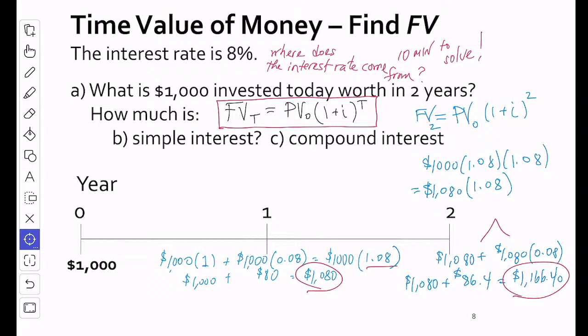And now, if I look back, what's the simple interest and what's the compound interest? So the principal amount was 1,000, and it's made up of simple interest and compound interest. The future amount is made up of the principal, the simple interest, and the compound interest.